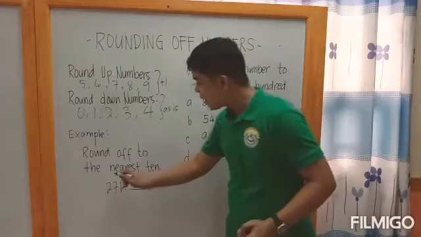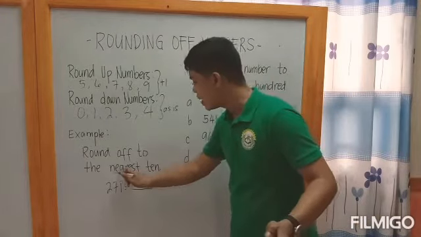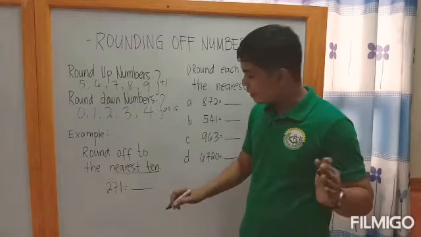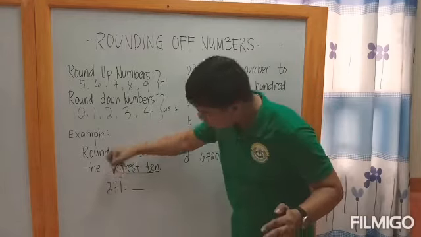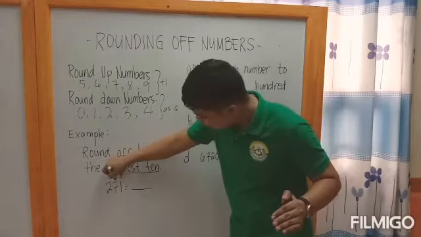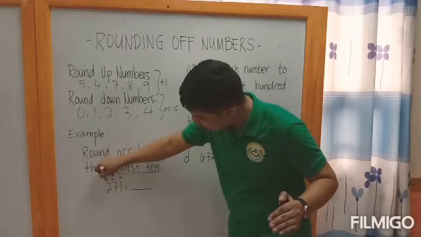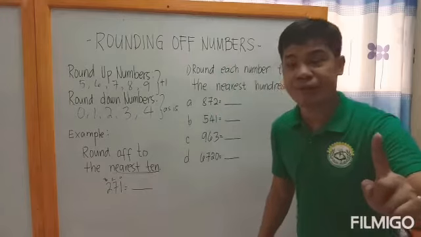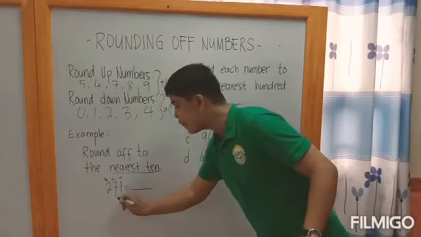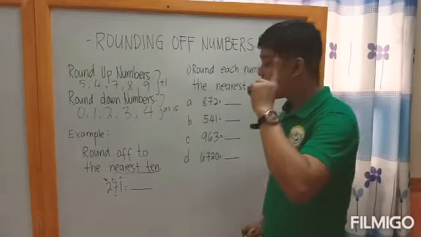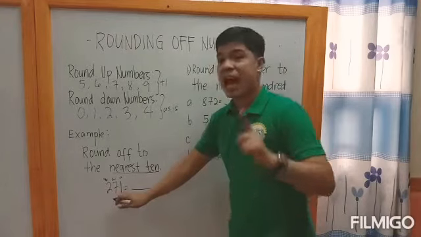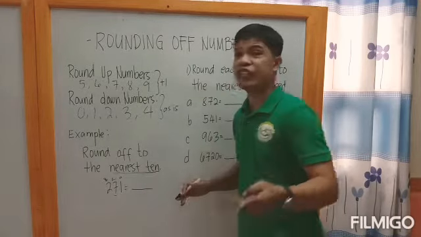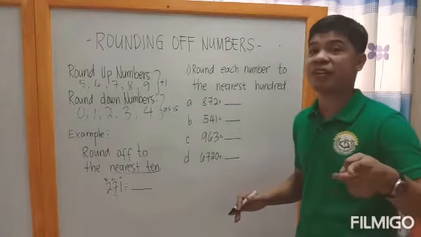Since our target here is the nearest 10, let us remember this one is ones, this one is tens, and this one is hundreds. In 273, our target number is 7. According to the instruction, we need to round it off to the nearest 10.